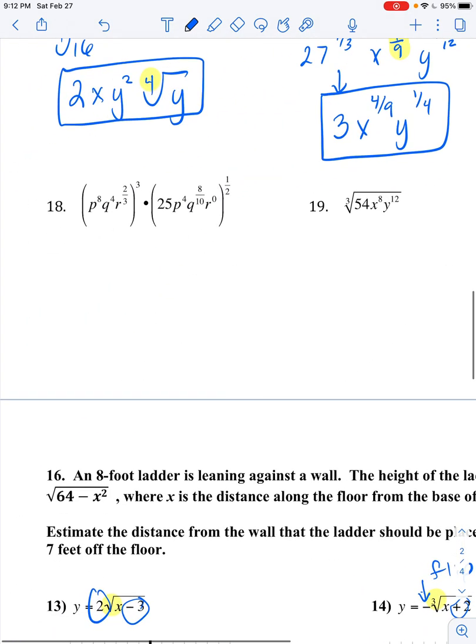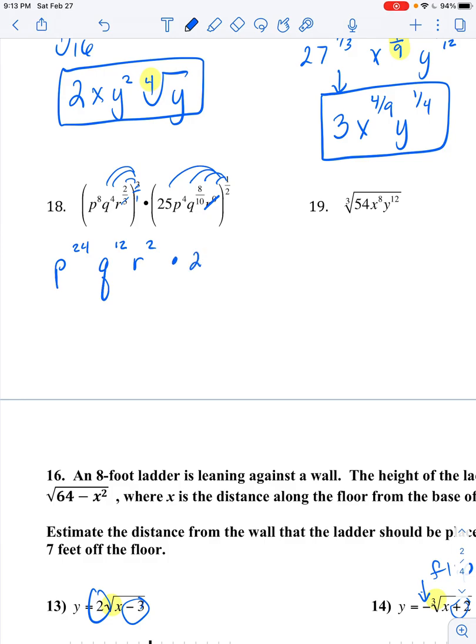All right. Here we have quite a mess. This one, the half power distributes to everybody, keeping in mind that anything to the 0 power is just 1, so that's a goner. Here, the cube is going to distribute. So p will be to the 8 times 3, or 24 power. Q will be to the 4 times 3, or 12 power, and R will be to the 2/3 times 3, so the 3's will cancel, and R will be squared from the first part.